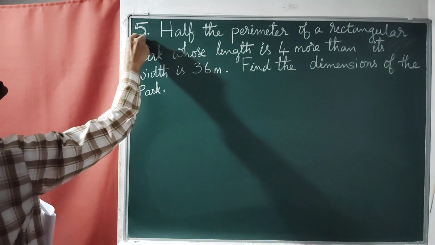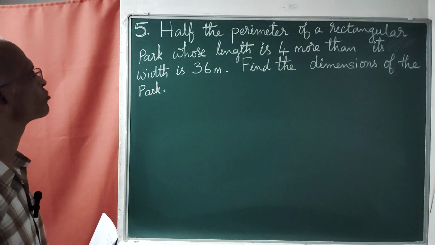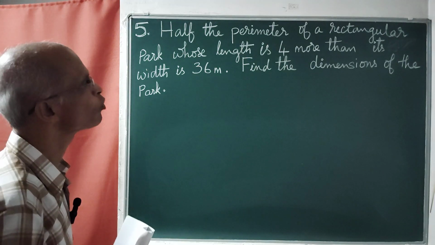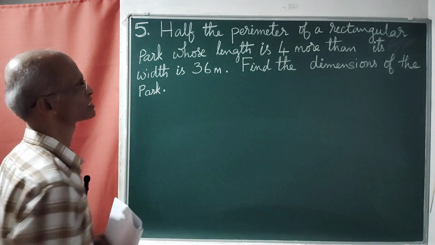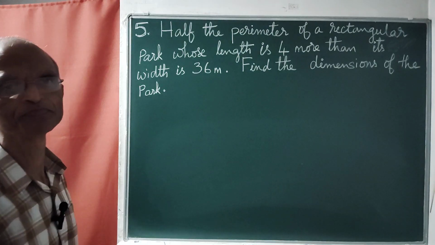Question 5 states that half the perimeter of a rectangular park whose length is 4 more than its width is 36 meters. Find the dimensions of the park.